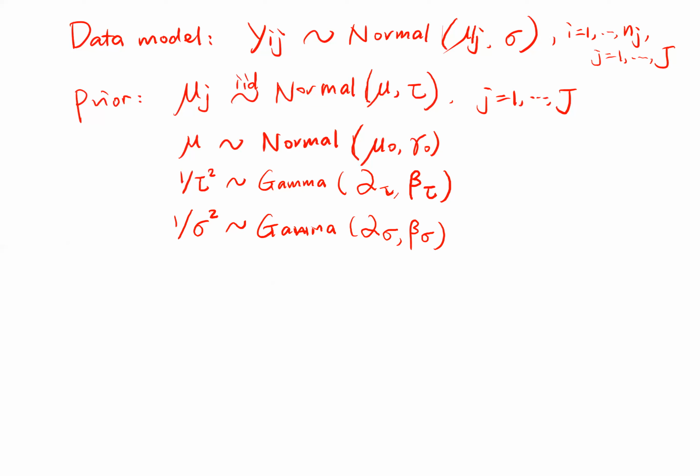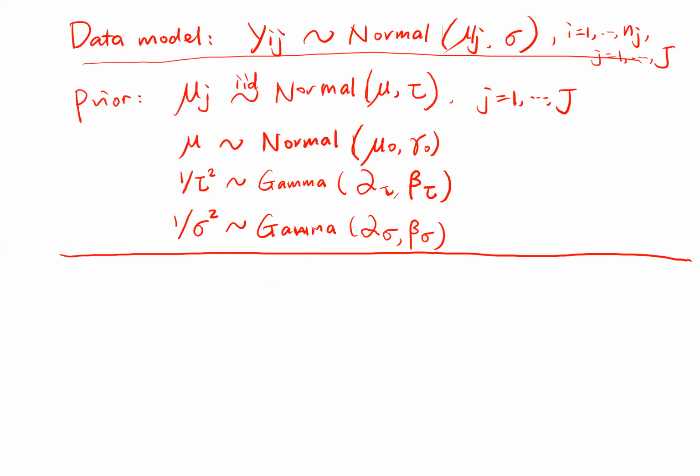So typically, you write out the data model and then list all of the priors together. And then the first step when you're trying to do the full conditional is to write the joint distribution of all of the unknown parameters in your model.